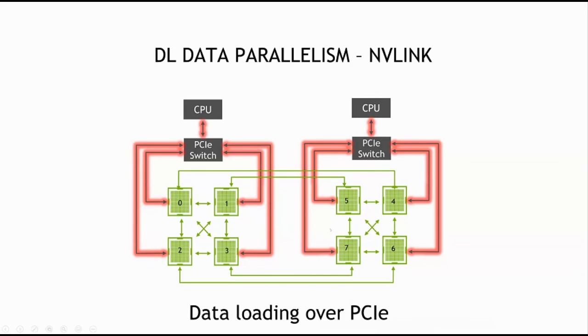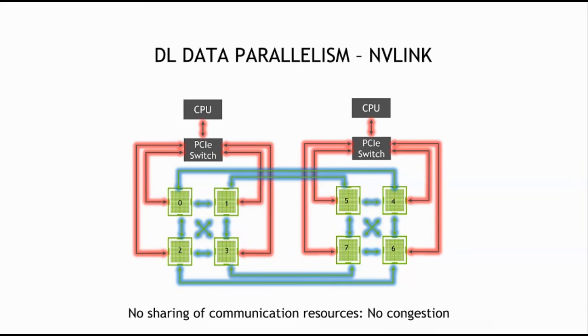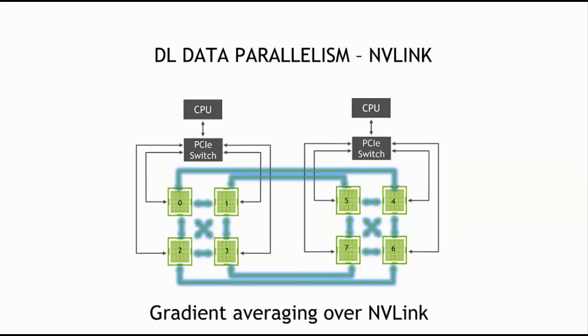And when you do the entire cycle, the data loading happens over the PCI bus, which is an interconnect that we talked about yesterday as well, right? So the data loading happens over the PCI switch. But when you look at the gradient averaging, because this is something that is going to happen more frequently, when you have done the forward and the backward computation across all the GPUs, and when you want to synchronize these gradients, you need a library that can do efficient scatter and gather operations on top of the NVLink.